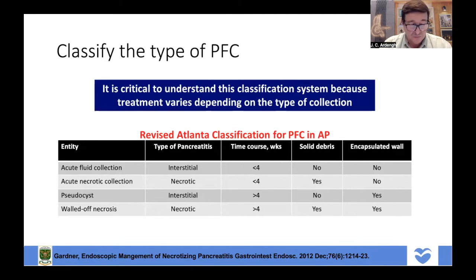The last 2 should be treated more aggressively if these patients present symptoms that justify drainage or debridement. For this reason, the proper classification of the pancreatic fluid collection is essential to determine the type of treatment, as it will vary according to this classification.